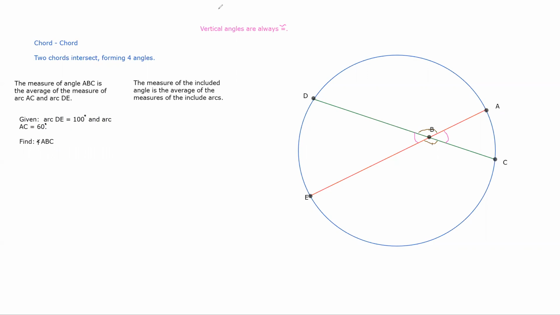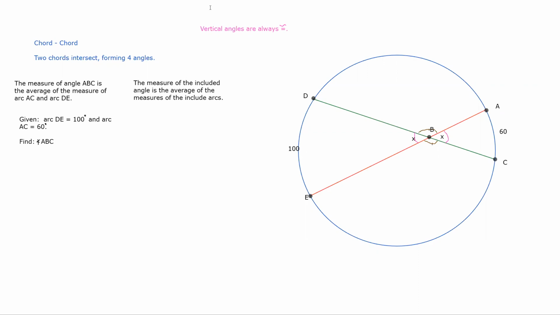Let's put in there what we've got. So we said DE is 100 degrees, AC is 60 degrees, and we need to find this right here, ABC. That's our X. Once we find ABC, we've also found DBE because they're vertical angles and they're the same.